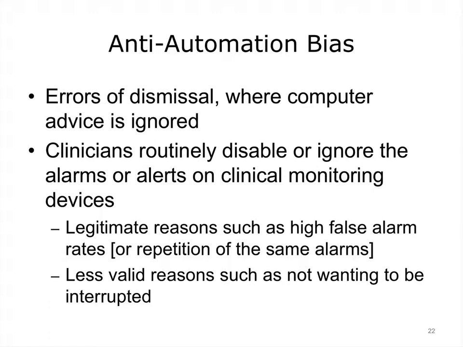For example, some systems exhibit high false alarm rates for their alerts. Other times, clinicians simply do not want to be disrupted by intrusive alerts and readily dismiss them without giving the advice its proper due. Overriding of alerts is a pervasive problem in the use of CPOE systems. Some studies have documented override rates of over 90%.